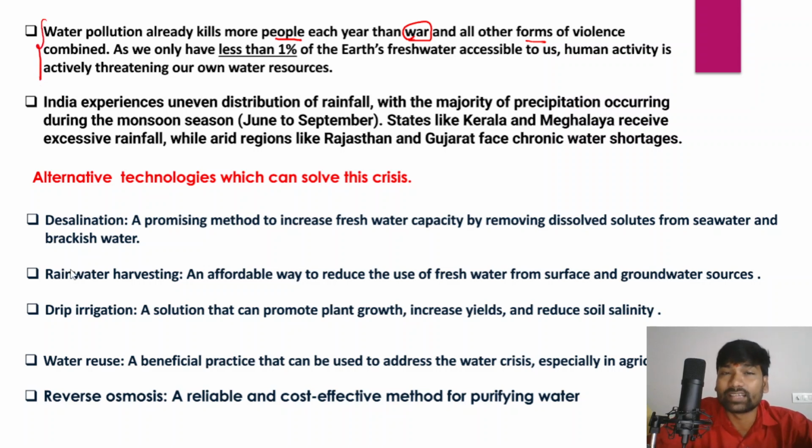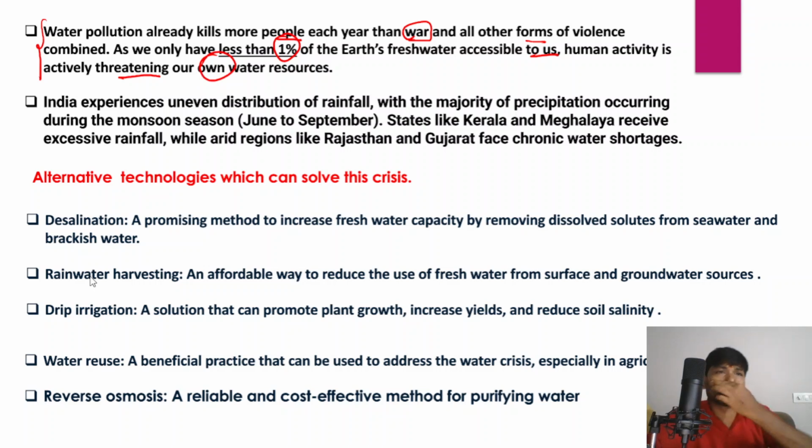We have less than 1% of the earth's fresh water accessible to us as of now, so human activity is actively threatening our own water resources, because people are indiscriminately using the existing water resources. There is a lack of awareness when it comes to water resources.